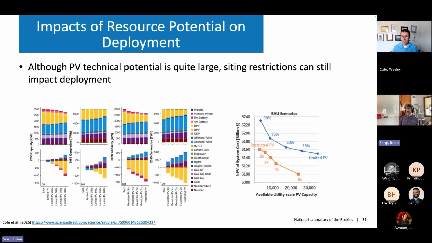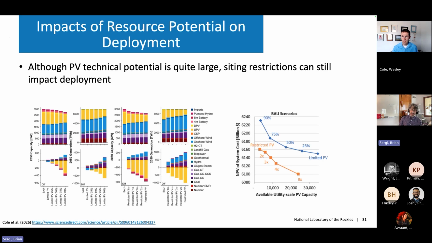However, I think it's worth noting that these restrictions do still really impact deployment, and they can impact your total system cost. So this is a more recent study that we did that looked at variants of the limited siting case, and also an additional case that had even further restrictions.